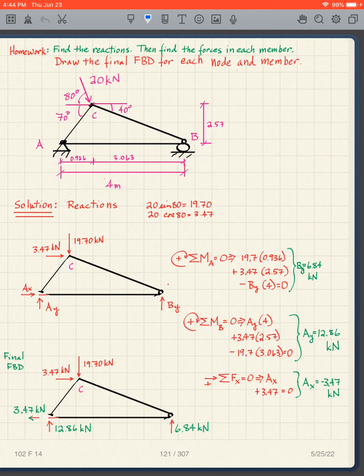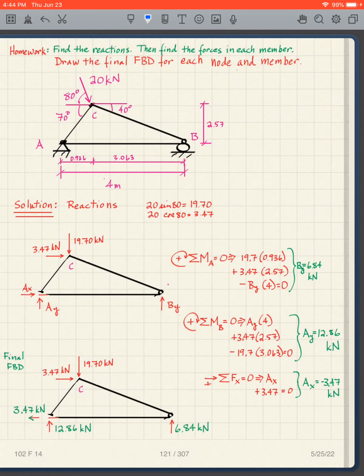I get that for AY. I take the sum of the forces in the x direction. I only have that and that. AY is negative 3.47. I end up with this final free body diagram. I'm now going to use this to get my member forces.